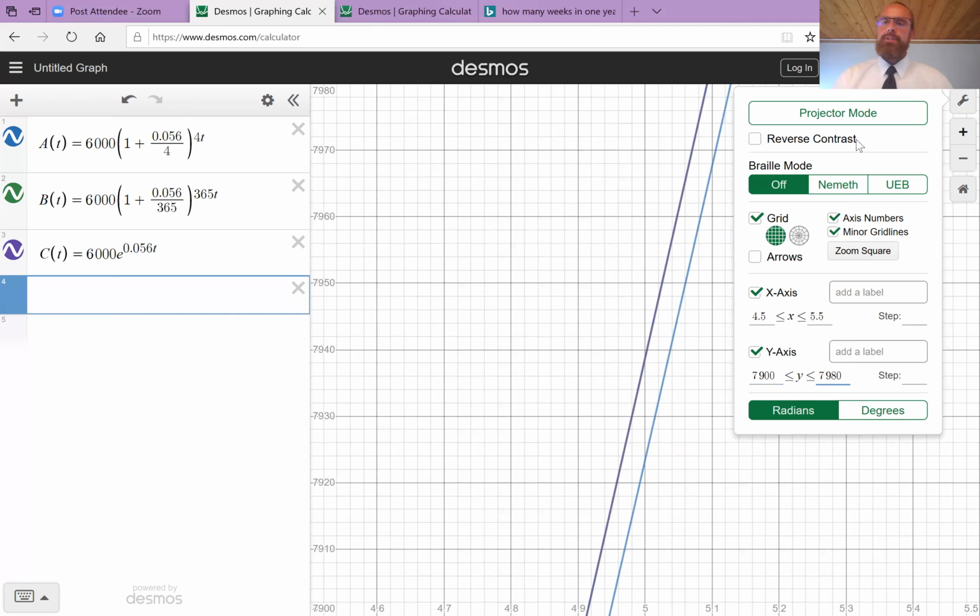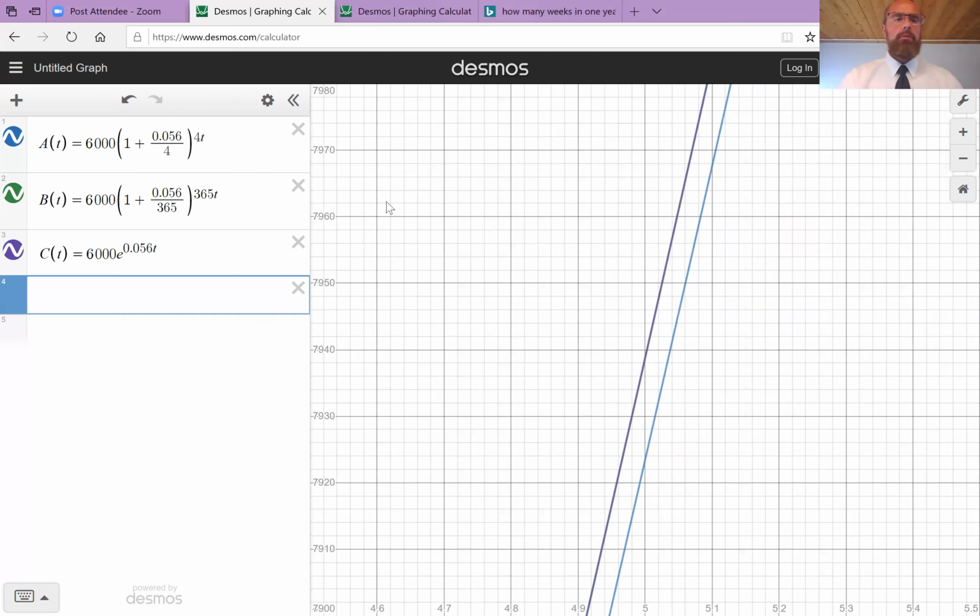What we're interested in seeing here is that this blue function, the one that was compounded quarterly, is always going to be less than the green one. Now I'm going to turn off the compounded continuously. What we're seeing is that the continuous and the daily interest are very close. If I turn it back on, it looks like it's almost right on there.